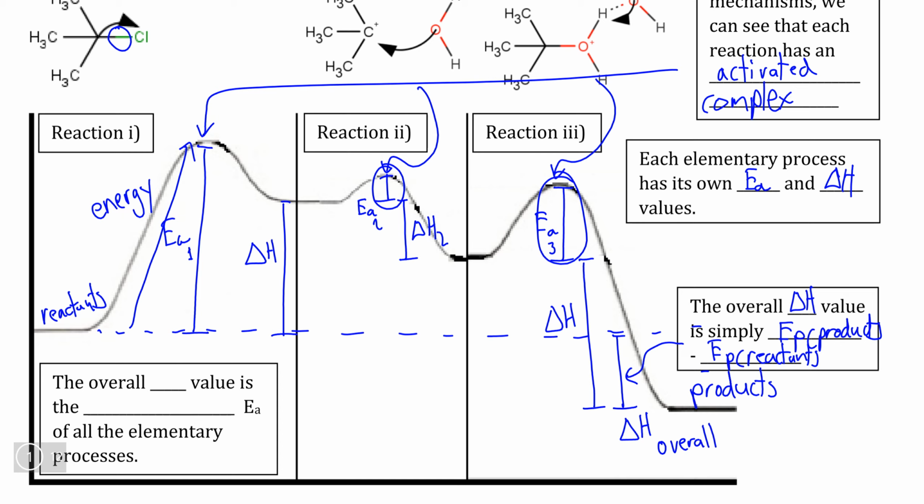So to find the overall activation energy of a multi-step reaction, it's actually fairly straightforward. All that we would need to do is look for the largest EA value of each of the individual steps, because once again, if we have enough energy to get through step 1, that same energy can be used to give the reaction momentum to overcome the activation energies in step 2 and 3.